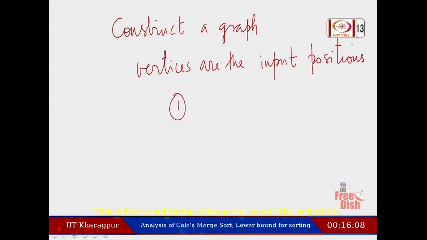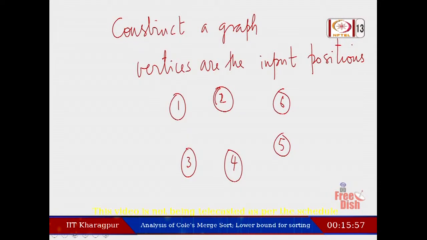For example, if n is 6, we take 6 vertices. And if your algorithm specifies that in the first step we will have comparisons between 1 and 4, 1 and 3, 2 and 5 and 2 and 6, then we would form a graph in this manner. In general, we construct a graph in this manner.